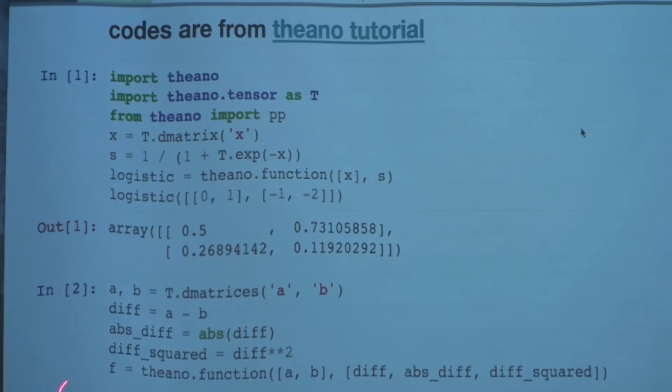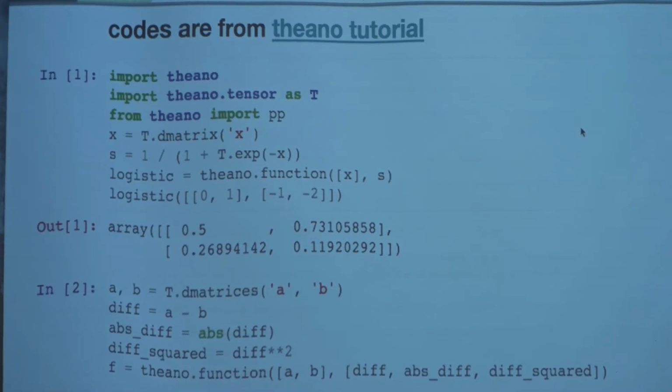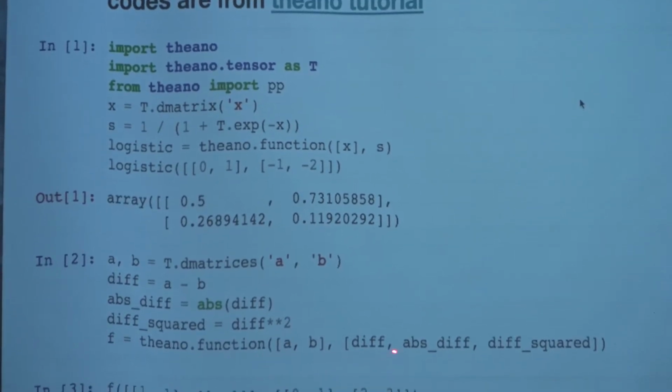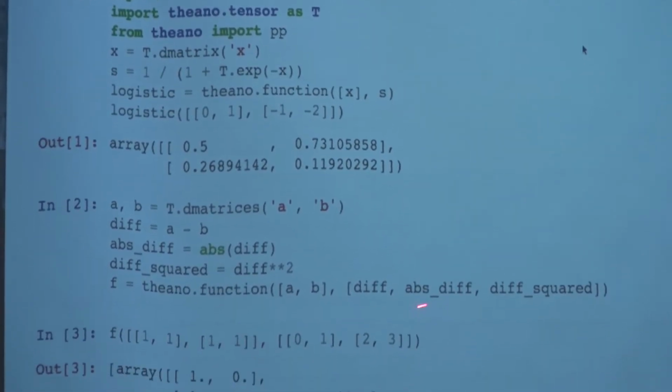So here is another example. You define two matrices, which are symbolic matrices. You define the formulas: difference, absolute difference, and difference squared. So you can see here, the Theano function can take multiple inputs, and it can generate multiple outputs.